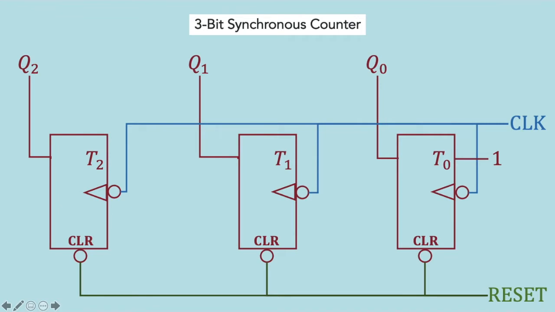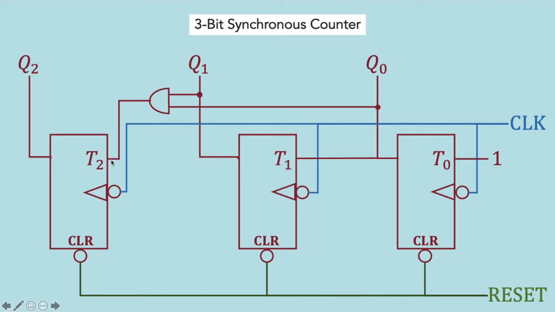For the input T sub 1 of the flip-flop, based on K-map, this will depend on the output Q sub 0. That's why there's a direct connection from Q sub 0 to the input T sub 1. Finally, the output Q sub 2, based on K-map, depends on Q sub 0 and Q sub 1, and these inputs are ANDed together before connecting to input T sub 2.